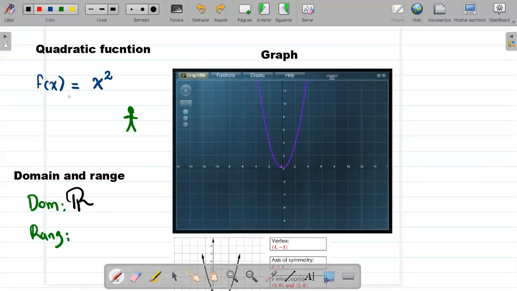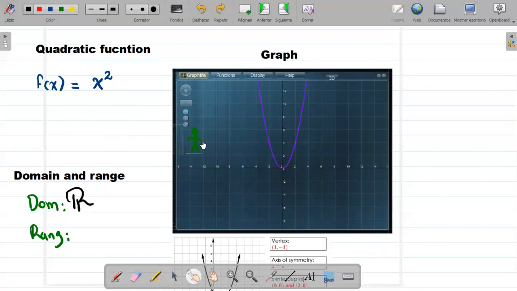The domain is real numbers, but now we go with the range. For the range, those values move horizontally, not like lines, of course. For example, 6 has a value here, and 6 has another value here, but 6 is included. 8 is included. So the idea here is to consider this just like one half, like a wall. You will see why.